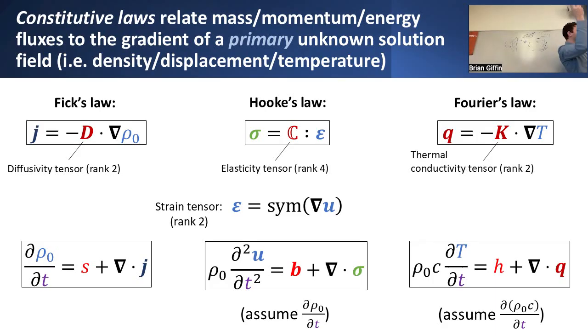So if there's a high amount of mass density located in this position and less mass density over here, the tendency will be that that mass will want to transport itself in a diffusive fashion into a region where there isn't as much mass. It's trying to achieve this state of diffusive equilibrium, if you like.